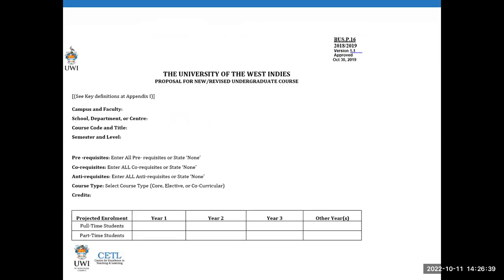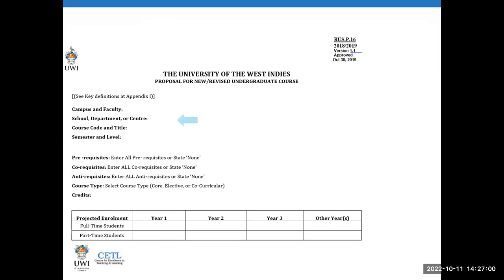So if you look at the document that Mr. Mohammed shared, at the very top, you're going to have the general administrative information. So things such as the campus or faculty, the proposed course code and title, which may change when it goes to ACWAC. So Arvin, this is one example of that.